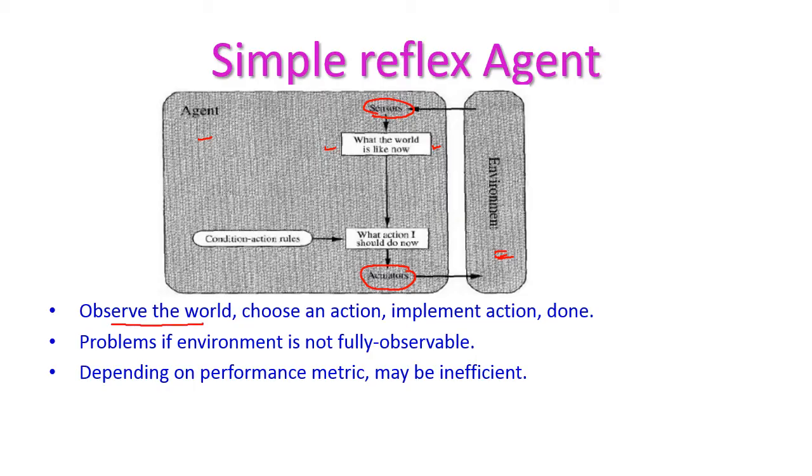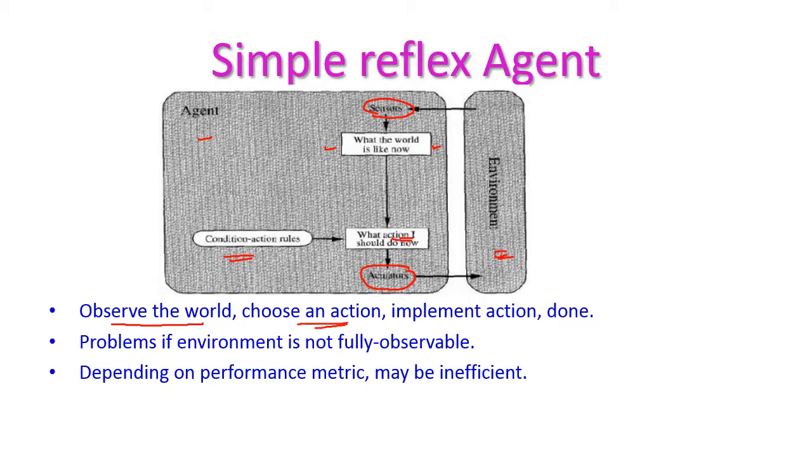Okay. So after observing the current environment, it has a condition action rule. By using the condition action rule, it will select the action that is to be performed now. Okay. Choose an action.